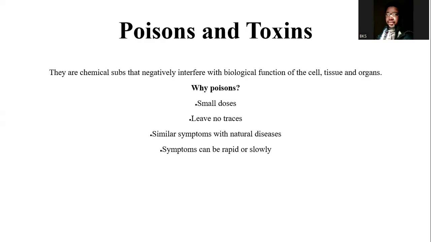Another reason that made them to be classified under poisons, those ones that are clearly different from drugs, is that they were just poisons because even at lower concentration, they have been proven to be toxic, even at a very small concentration.